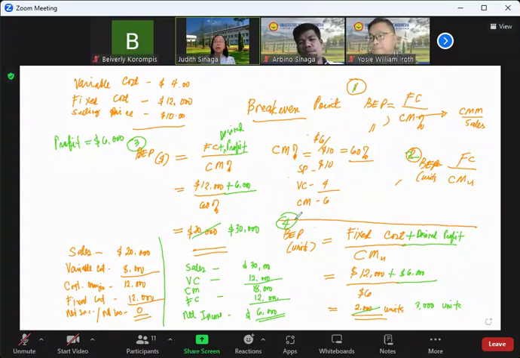Kita nanti main ke sales mix analisisnya. Oke, alright. Sudah dapat ya? Kita masuk ke situasi yang desired profit, tapi setelah kurang pajak. After tax. Profit after tax. Okay, desired profit after tax.